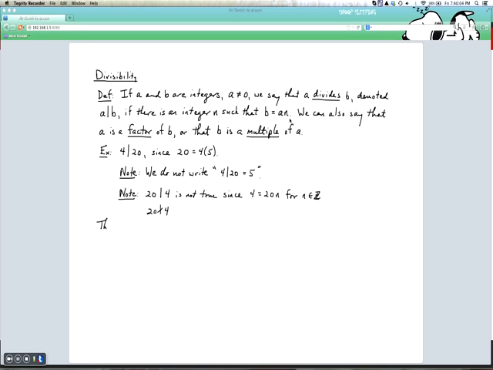So, for example, I might set out to prove something like this, and this is a very basic example, but let's say that we let a, b, and c be integers, and I'd like to prove that if a divides b and a divides c, then a divides the sum of the two.